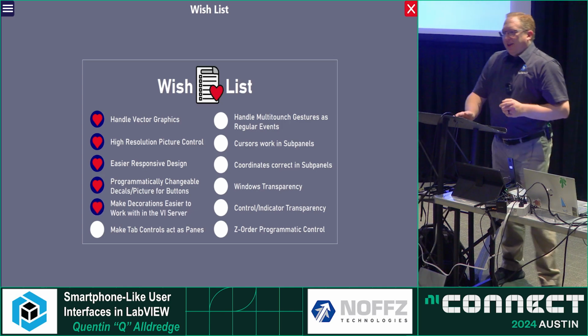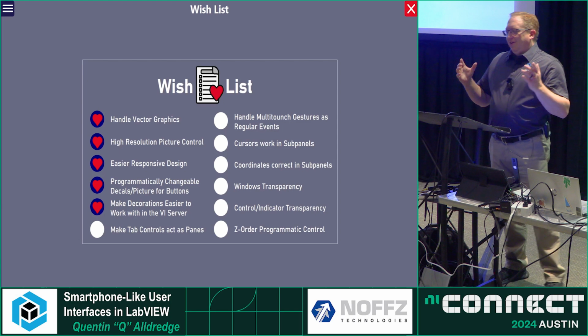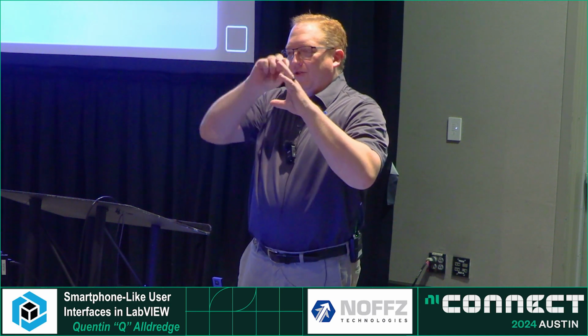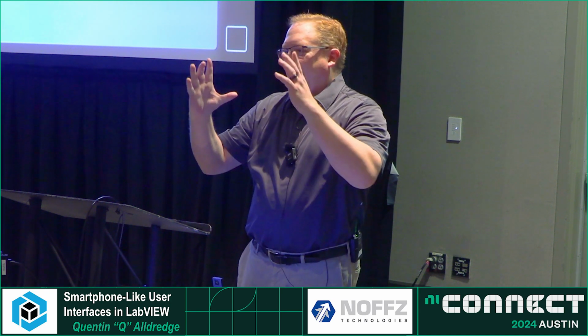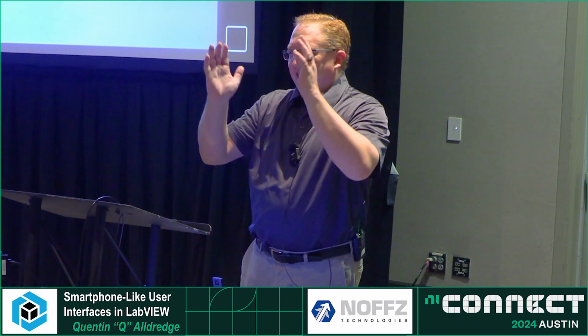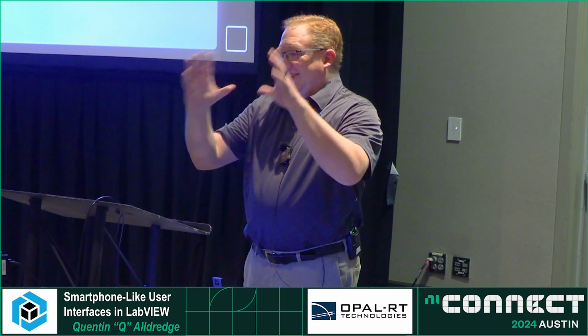Make decorations easier to work with. A decoration is like a colored box on your front panel with controls over it, so that you can chunk something on your front panel to make it easy to understand that those things go together. But let's say you want that box to change color based on some kind of status. Well, if it's a decoration, it's really hard to get the reference to that box.